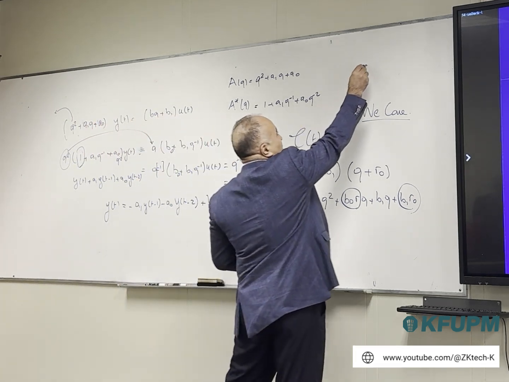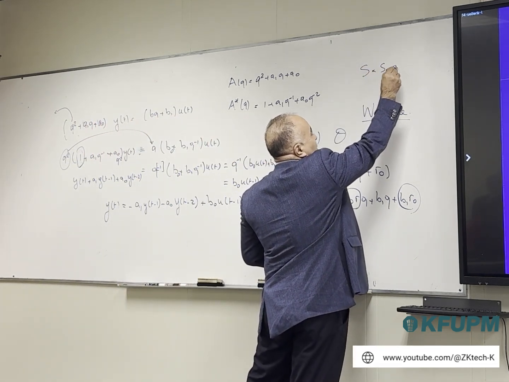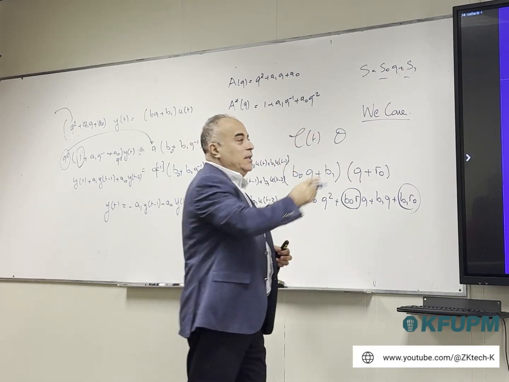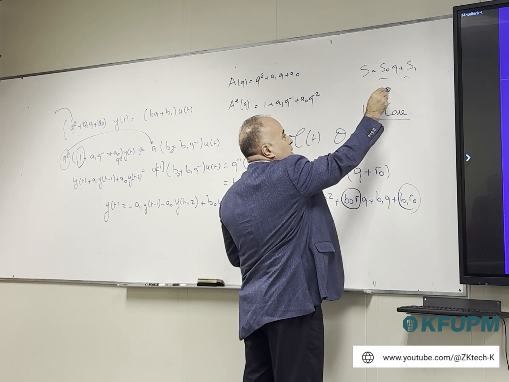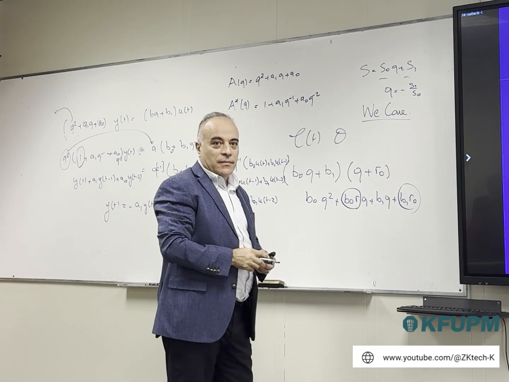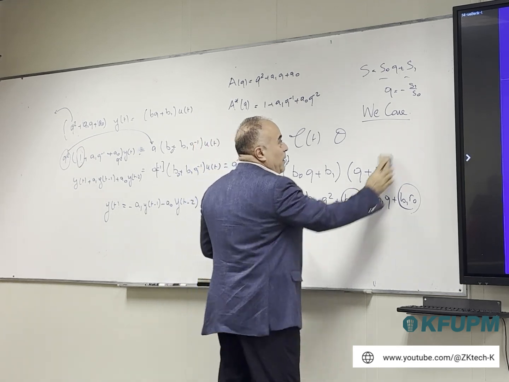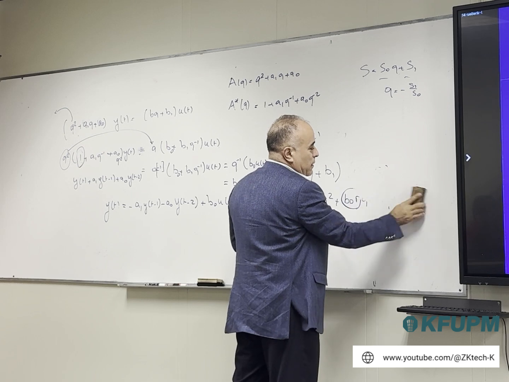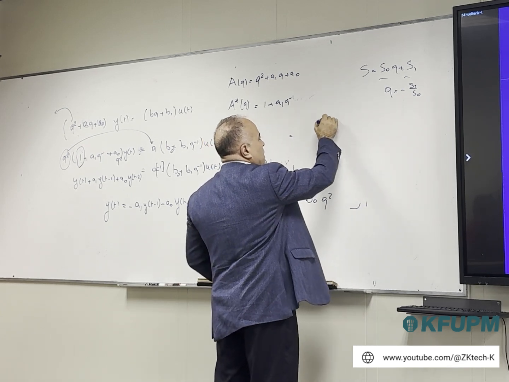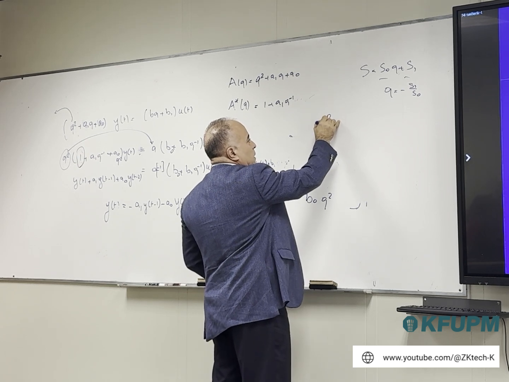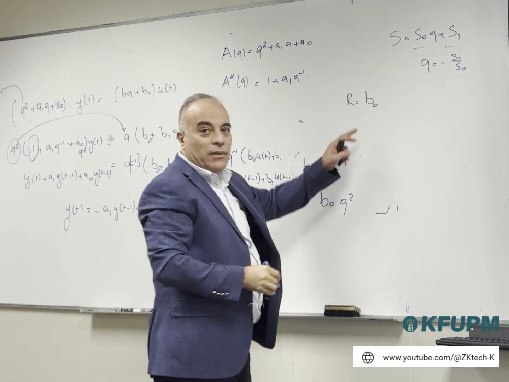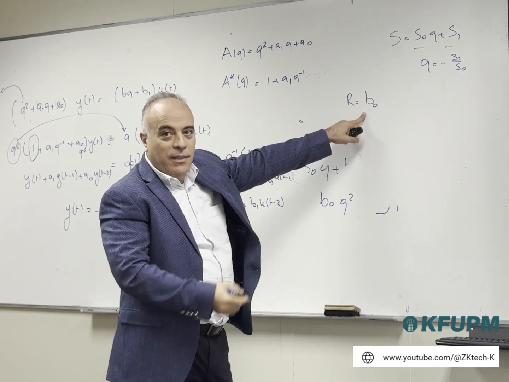Okay, we have S equal to S0 times Q plus S1. And we don't know S0 and we don't know S1. The zero introduced by S is Q equal to minus S1 over S0. So if I multiply by B0, the zero will not change. So if I go here and say, for example, that R is basically a constant, just B0. I found R equal 1.8 in one of the examples.